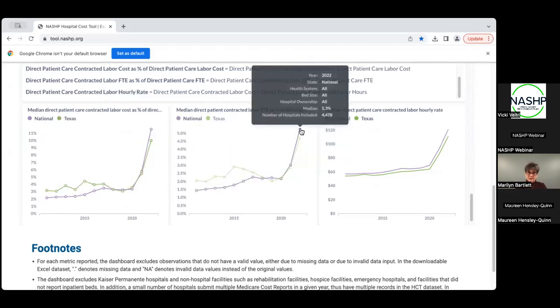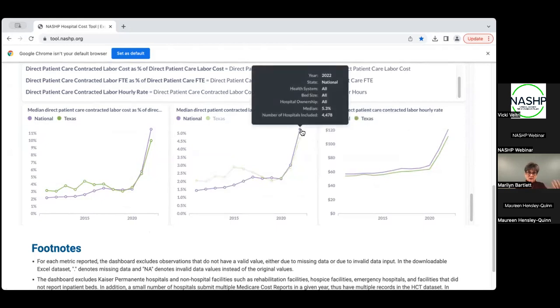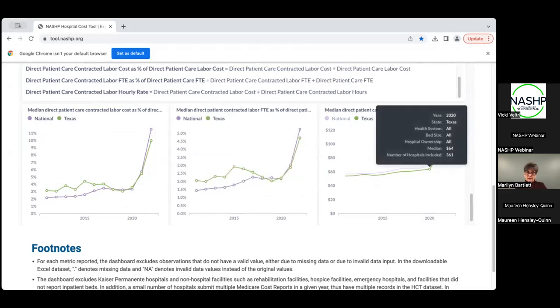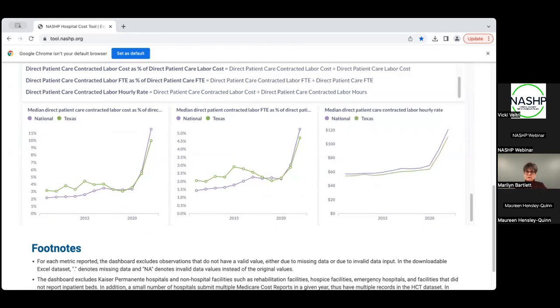The number of FTEs, this is direct patient as a percentage. Nationally, 5.3% of the FTEs were contracted. The pay rate for contracted nationally was $121 per hour. And you have to take all three of these into consideration when you're talking contracted labor. What was the rate? What was the percentage of FTEs that were direct? And what was the percentage of the overall cost?